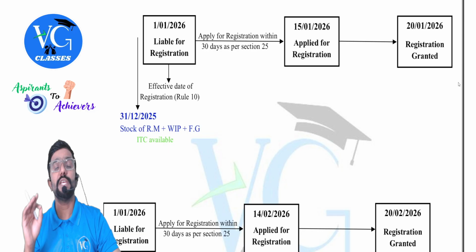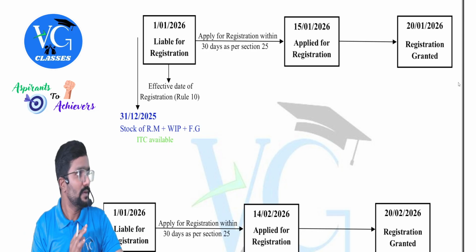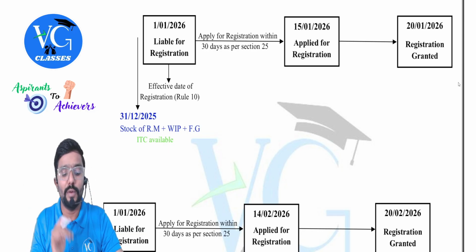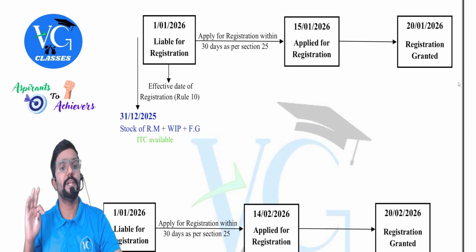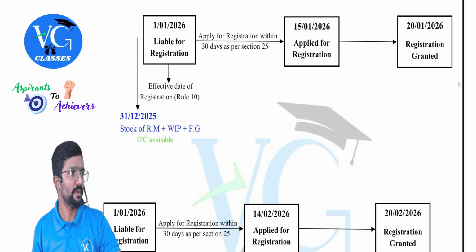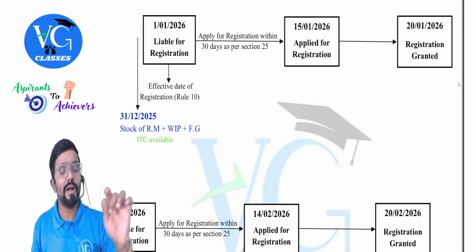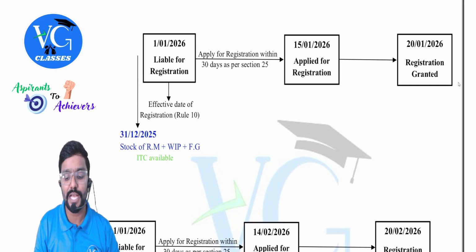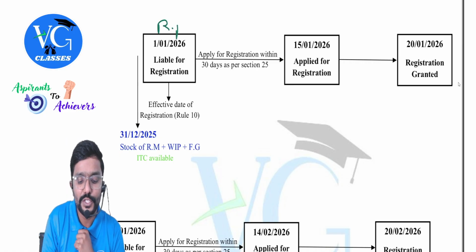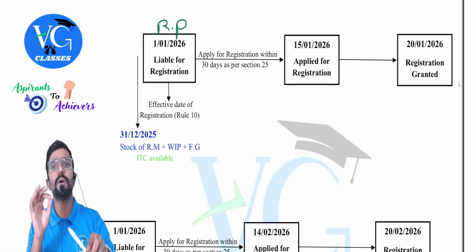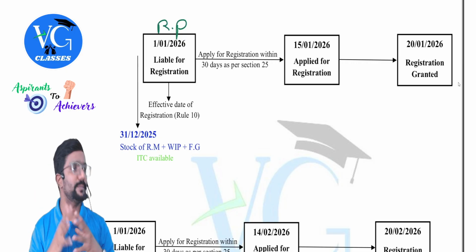So on what day this guy was liable is 1st January 2026. So, will he be called a registered person from 1st January or on 20th January? It is from 1st January, guys. As per what? As per rule 10.